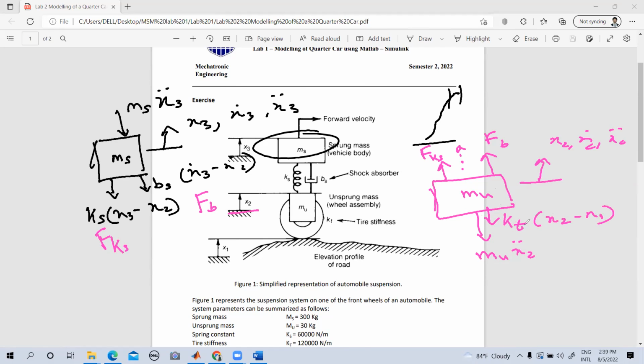Because the overall displacement, this part goes up by this amount, but at the same time this part goes up by this amount, so we have to get the reduction of that. Similar to here, this part goes up by x2, this part goes up by x3, but the effective displacement is x3 minus x2.